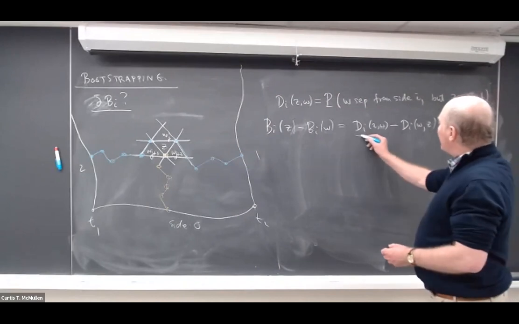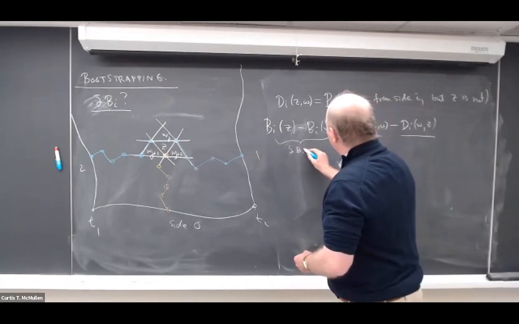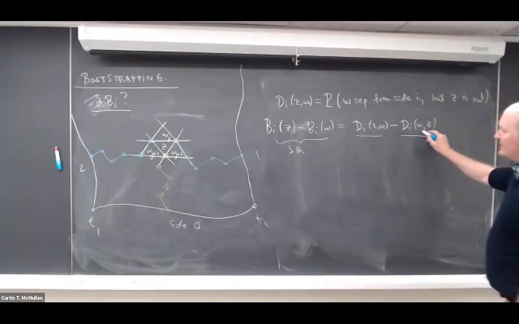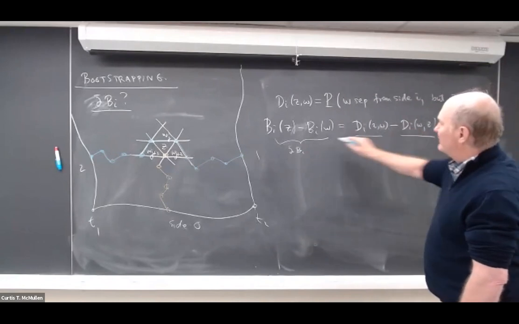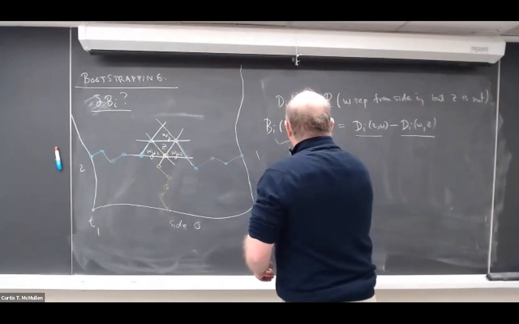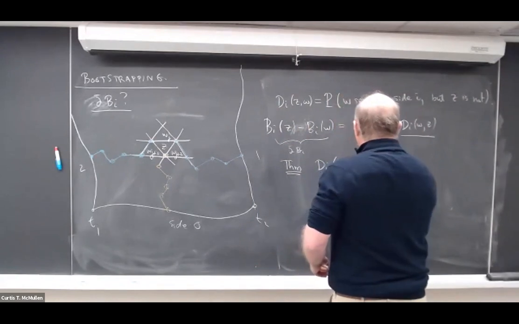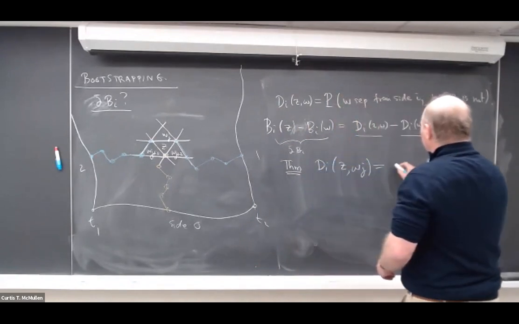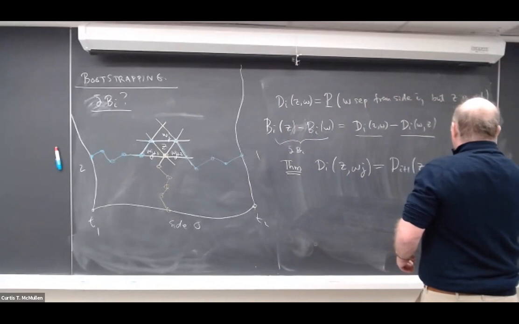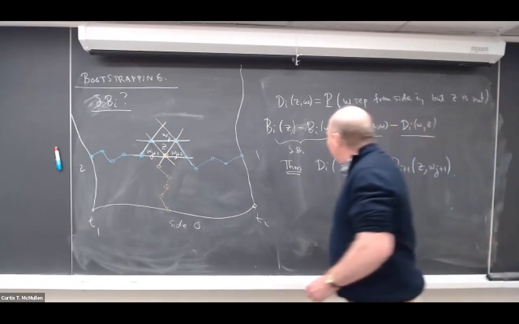So this is, so to speak, the analog of d bar of BI, at least in the direction W, and it's a linear combination of these two terms. So if we can understand how these two terms behave, we'll understand how this behaves. And now here's the amazing theorem, and it's an exact equality. The theorem is that BI of Z Wj is equal to BI plus 1 of Z Wj plus 1. Wow, so what does that mean?